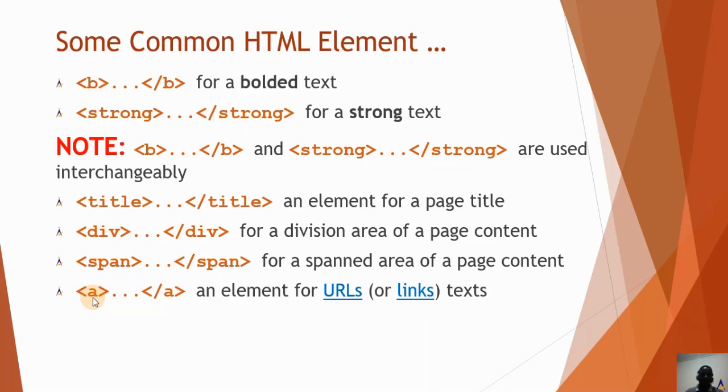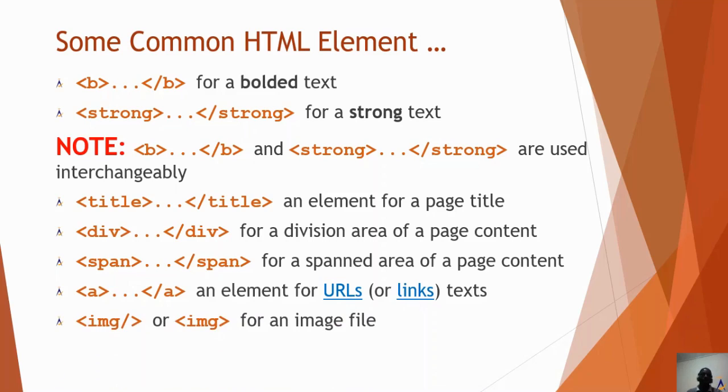We have a, for a hyperlink, defining a URL or link of text. The link is just a direction to another web page or another section within the same web content that defines specific content. We have img.